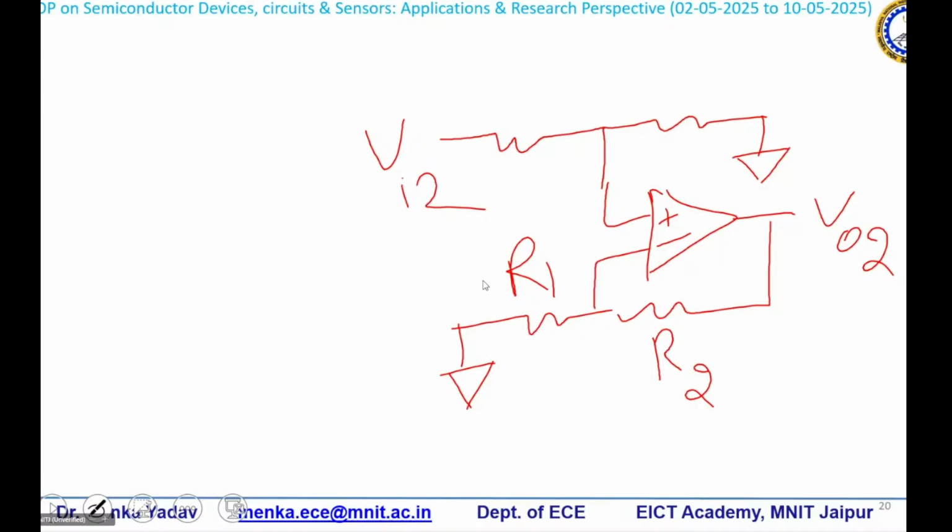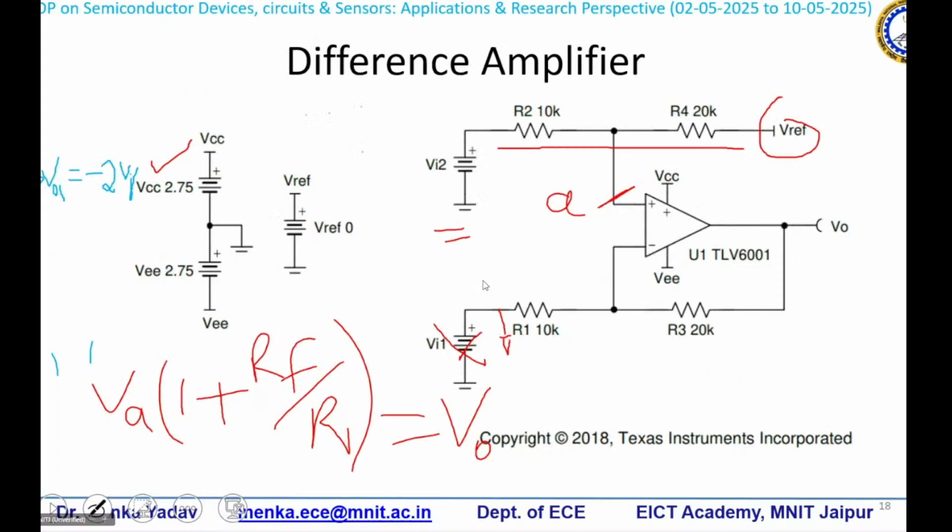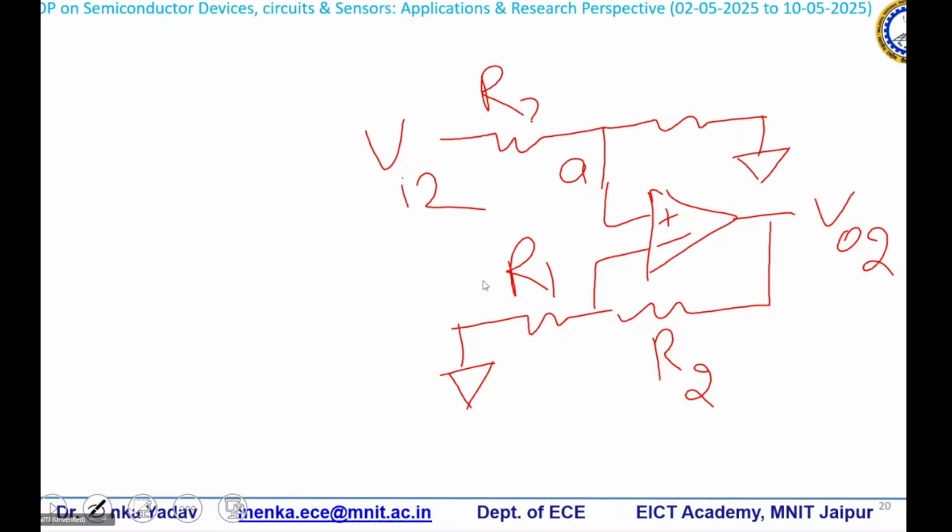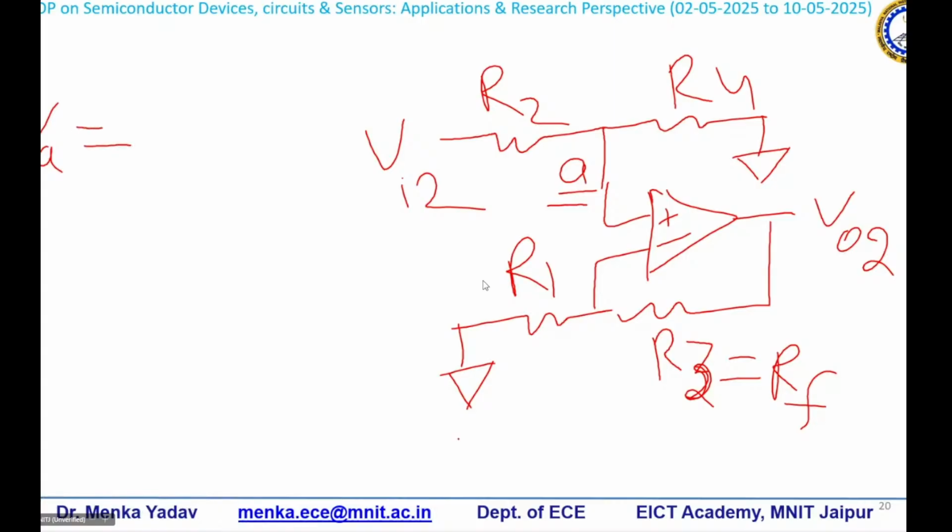What will be my Vo2? Let's say the non-inverting terminal is A. Here I have R2 and R4. This was my R2 and this was my R4. This was R1 and this was R3. R3 is equal to Rf. Now I have to calculate VA first of all. I can calculate VA by the voltage division rule.